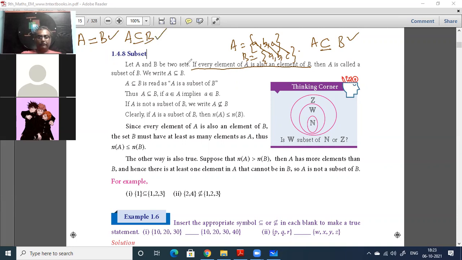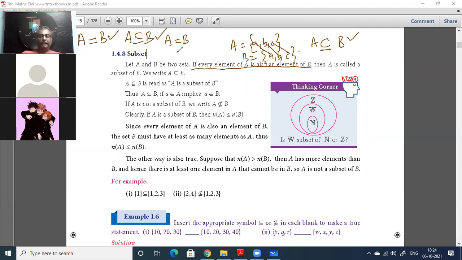So the one-sided definition: every element in A is present in B, then A is a subset of B. The two-sided definition: every element in B is also an element of A, then only A is equal to B. So the reverse must also be true, then only it is an equal set. One side only, it is the subset definition. Both sides, the elements should be present in each other, then it is an equal set.